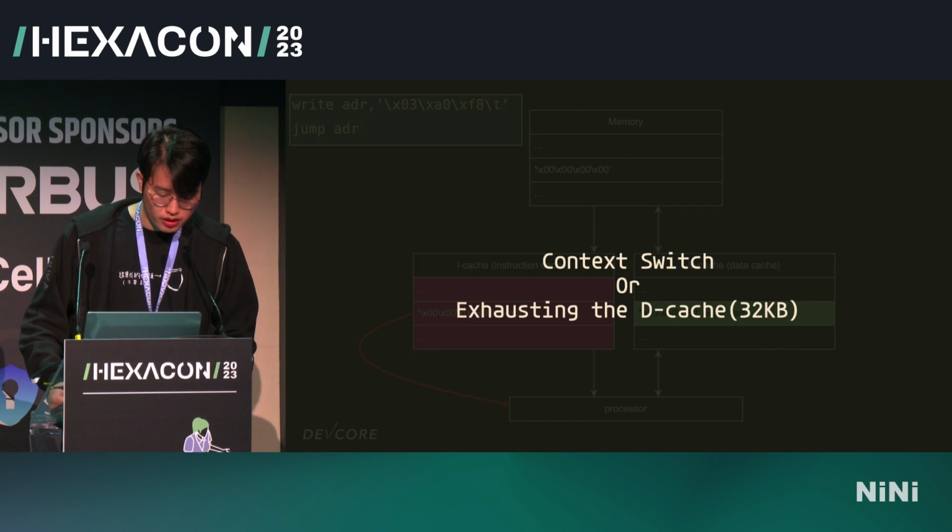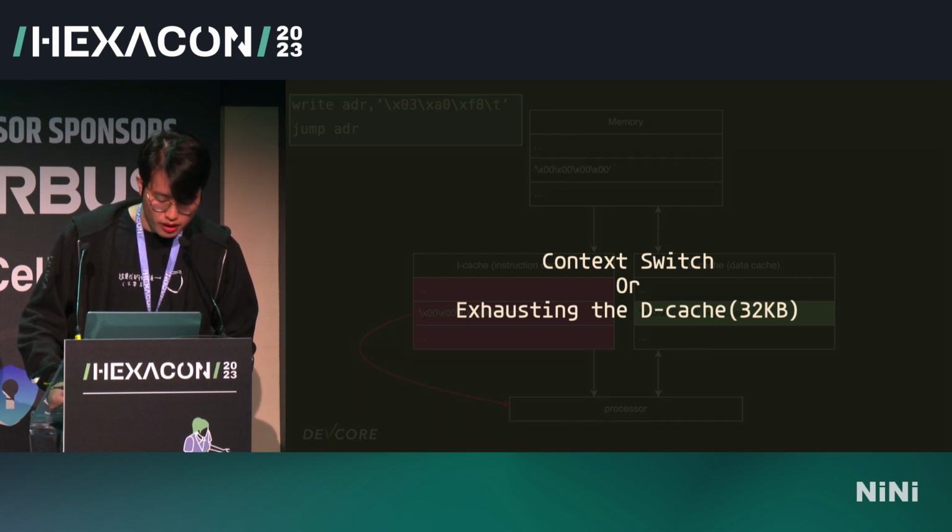And to flush the D cache, we need to make the process either context switch or exhaust the D cache. And the size of D cache is 32 kilobytes. There's no sleep in the RADVD. Other functions will also trap into the kernel, but they don't guarantee the context switch will always happen.